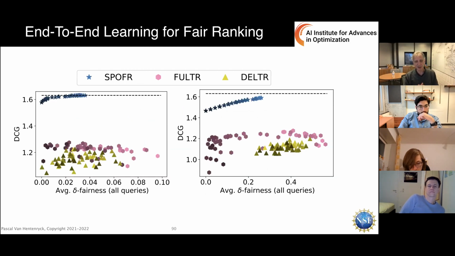The results are quite spectacular on the traditional set of benchmarks, because not only can you guarantee that you satisfy these fairness constraints, but you also get a much better utility than the traditional method, which uses a Lagrangian relaxation approach. And so once again, this is very interesting for a variety of applications. You can actually merge optimization and machine learning in one pipeline.